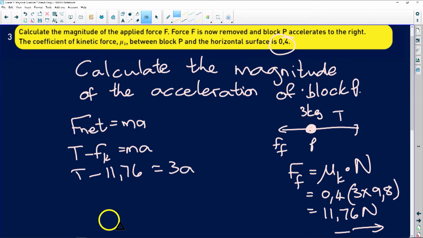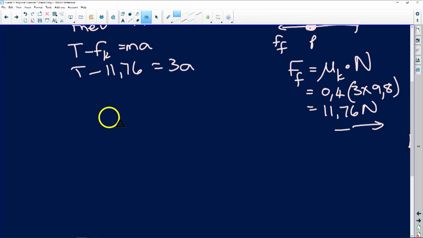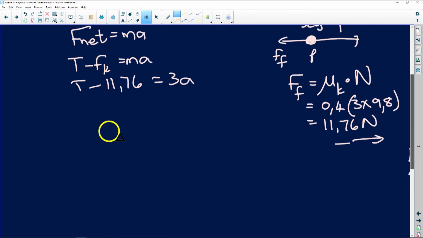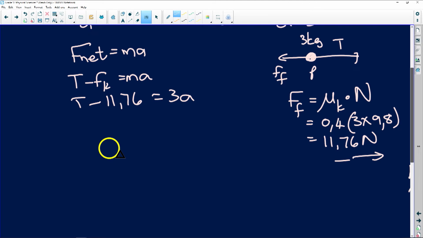Now the tension is going to be equal to, so let me just get more space here. All right. So the tension in the string from the previous question was 78,4 minus, sorry, I'm just losing my rhythm here.